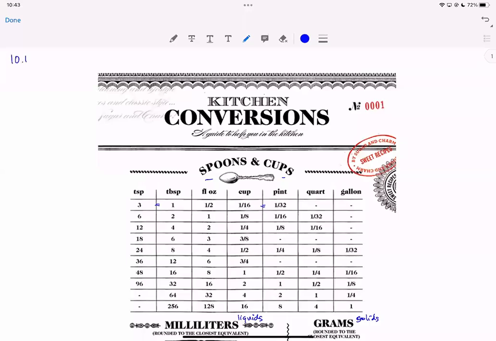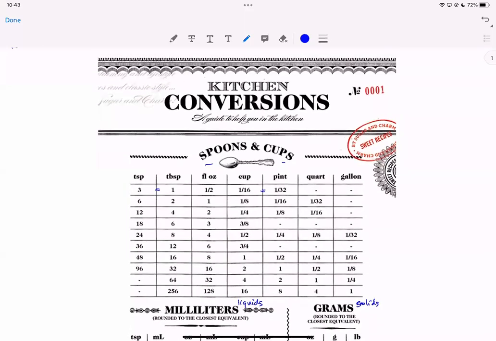So this 10.1 lecture worksheet, and this is the conversion tables for standard kitchen conversions. Mostly you are trying to use these standard measuring instruments like a teaspoon. TSP is a teaspoon. That's the small one compared to a TBSP.